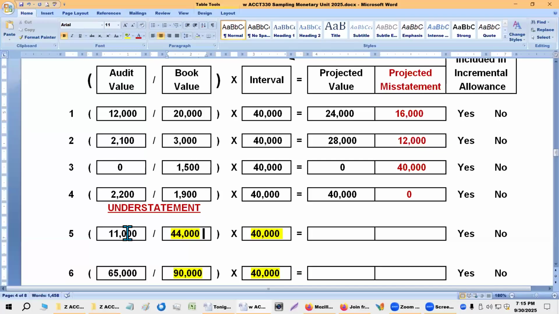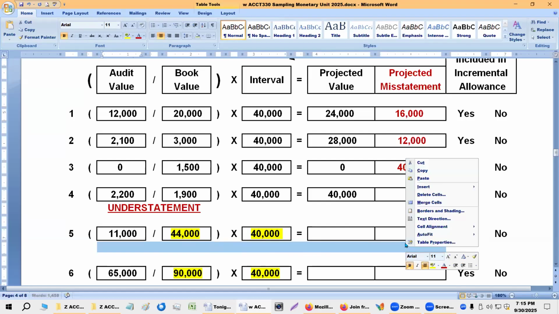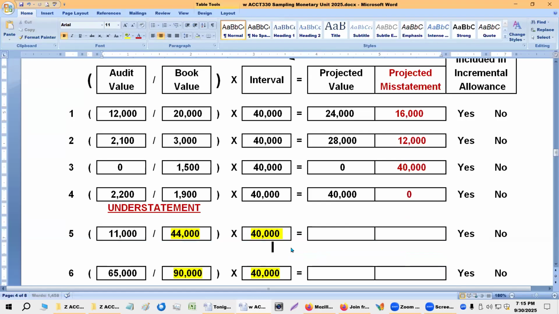Okay, so this completely covers this interval. At this point, we're going to look to find the actual misstatement. Merge all these. So what I'm going to do is take the book value, stretch that. The book value is 44,000.